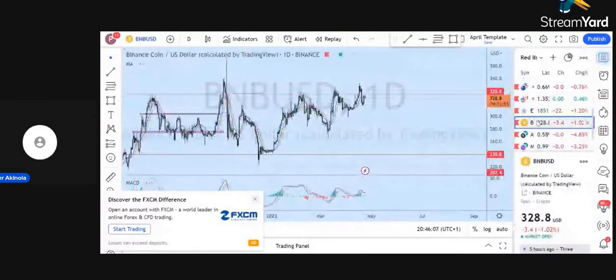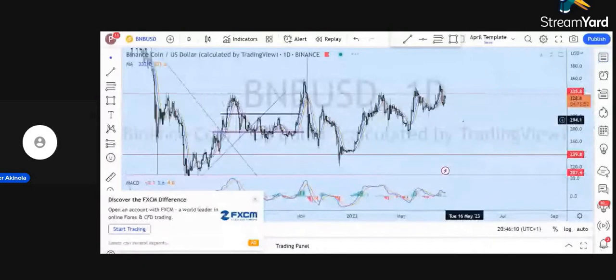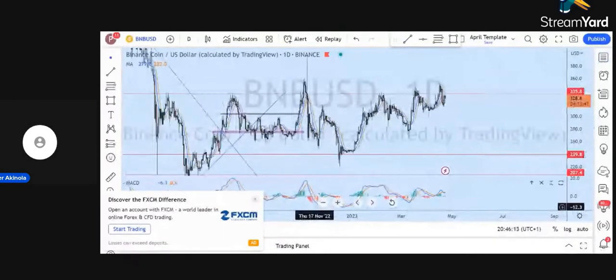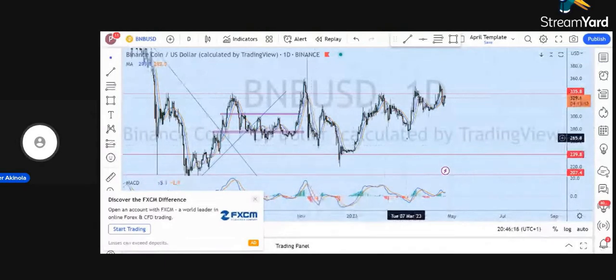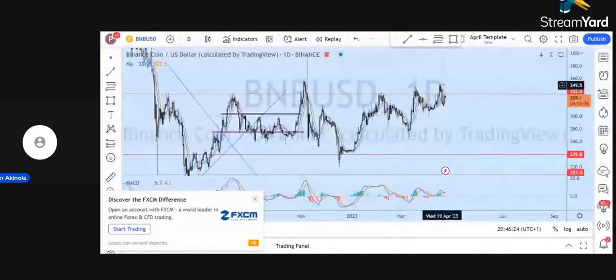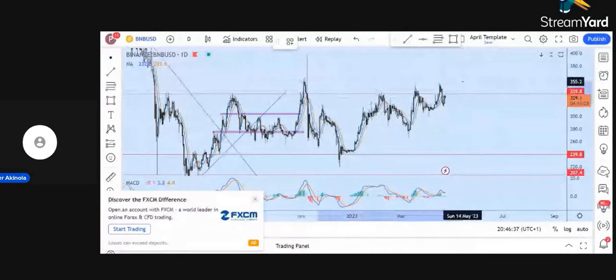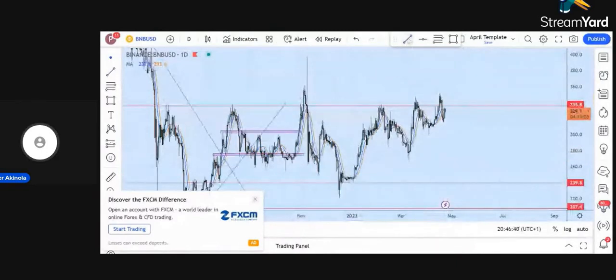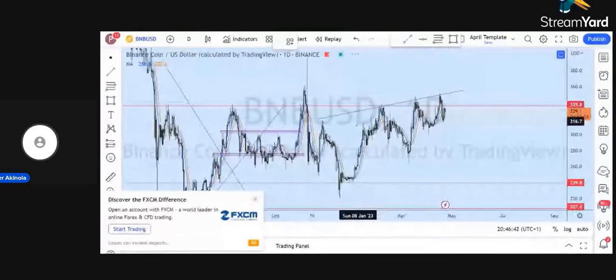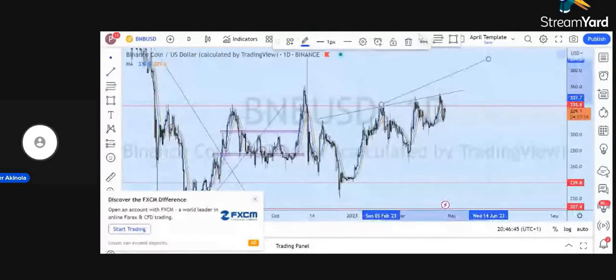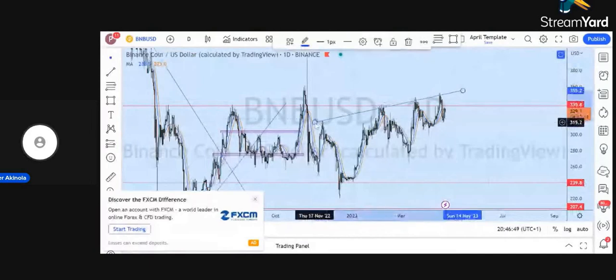BNB USD. So count market structure as well. This is the low, this is the high, this is the higher low, a bit of higher high, higher low, higher high. This so-called higher low is not going higher actually, but we can obviously see a pattern building up here.